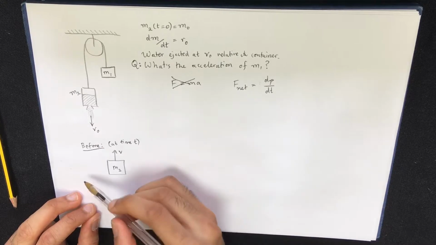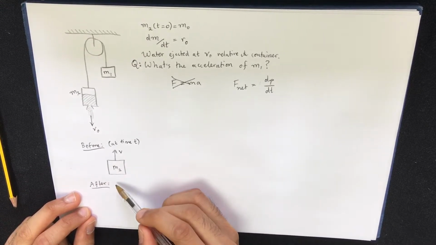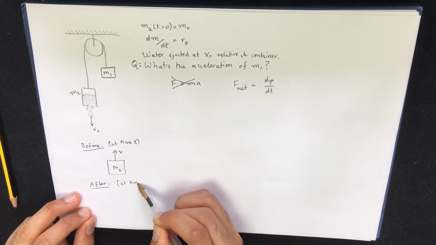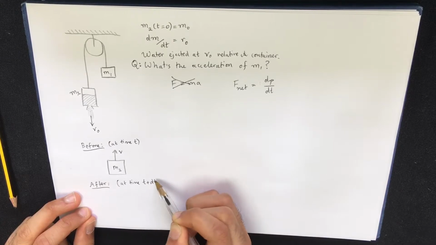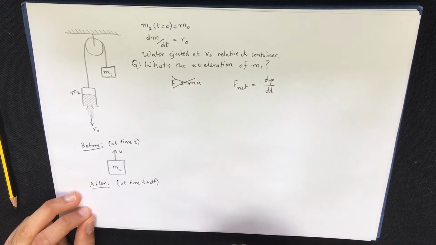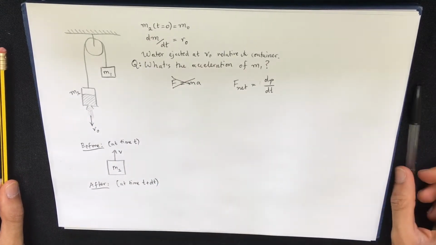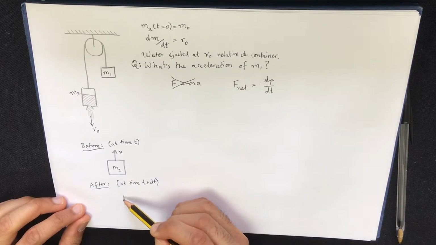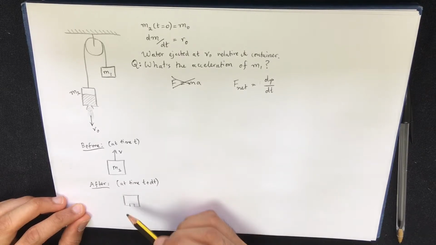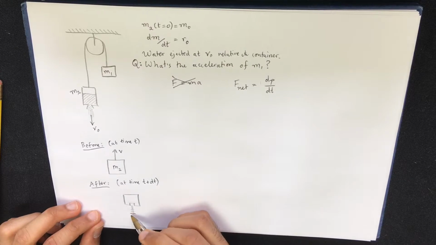Now we want to do the after situation. Just to be clear, when we're talking about after, we're talking about at time t plus delta t, plus dt over here. So we're just looking at a tiny time step ahead and seeing how the velocity will change and how the mass ejected is going to be changing as well. So now you've got that same container again, and I've left a little chunk out because it's going to be ejecting some of its mass downwards.